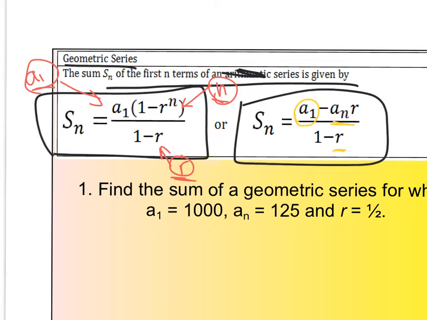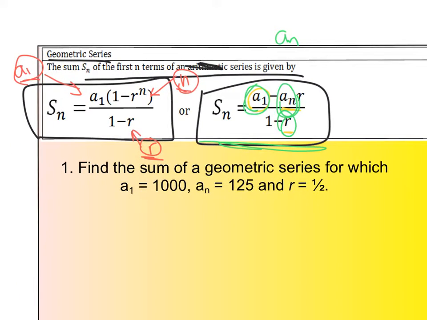I don't necessarily know what n is, but I know what the nth term is. So if I know my nth term, my first term, and my common ratio, then I'm going to go after this one. Let's take a look at number 1 and see what we got.